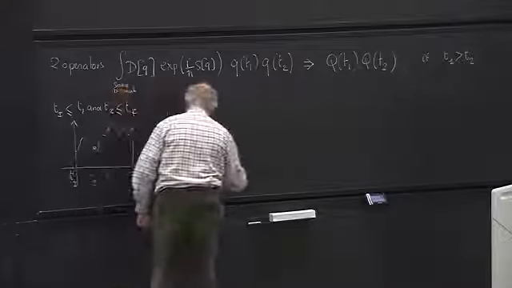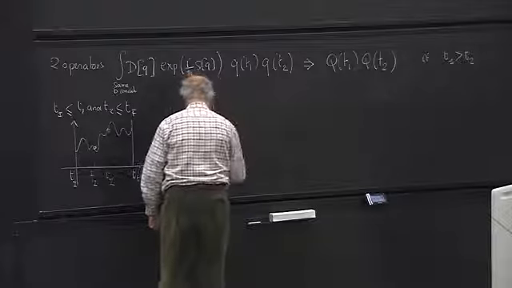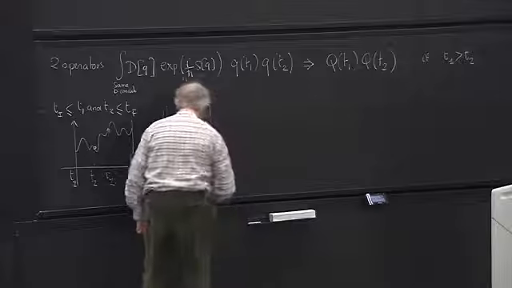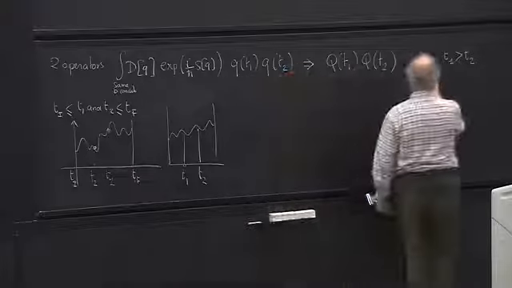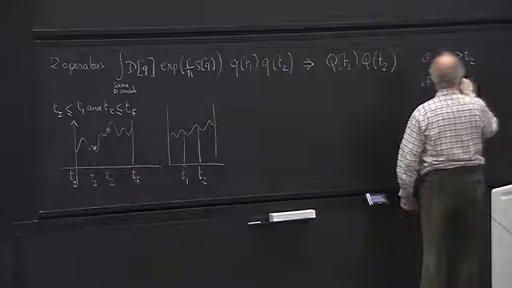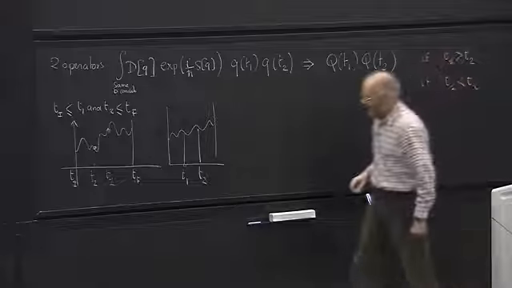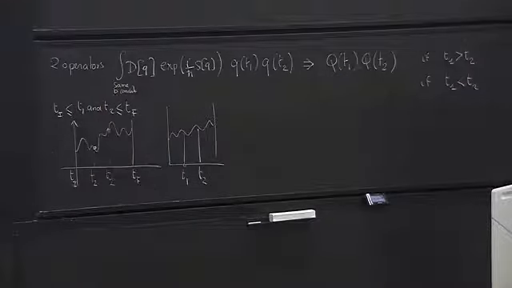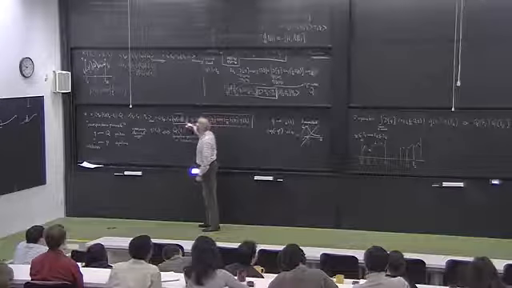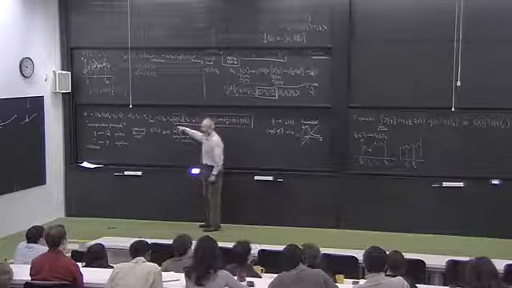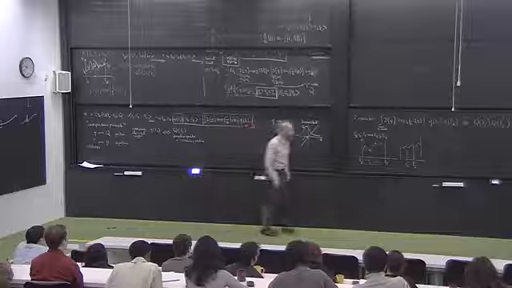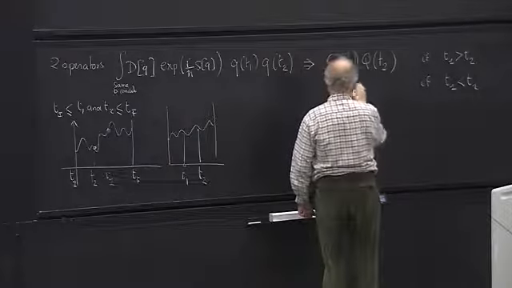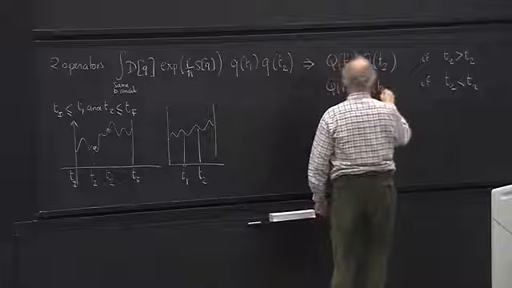If T1 was smaller than T2, what we have been doing is that we would have computed first the matrix element of Q of T1, then the matrix element of Q of T2. So we would have obtained Q of T2 times Q of T1.